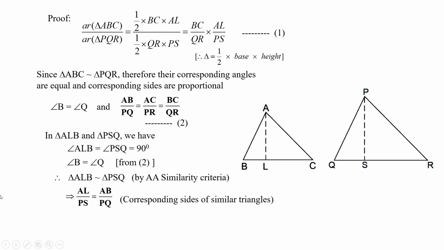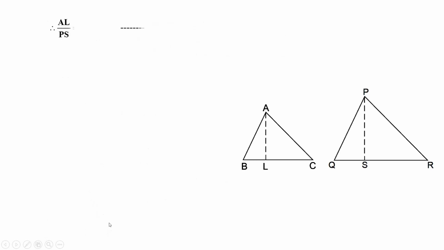Okay. Now see carefully. AL upon PS is equal to AB upon PQ, and AB upon PQ is equal to what? BC upon QR. So from this we can say that these two are equal: AL upon PS is equals to BC upon QR.